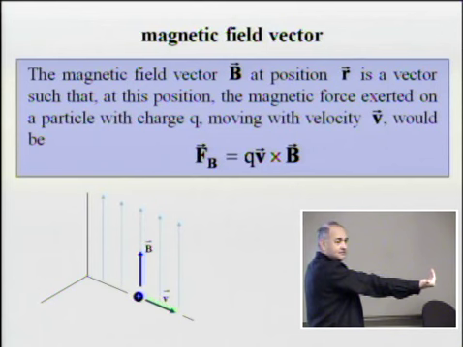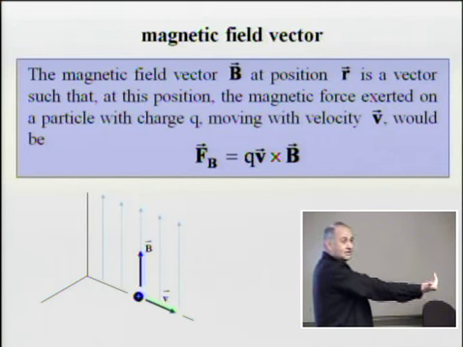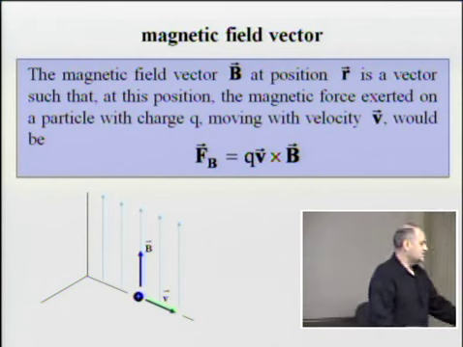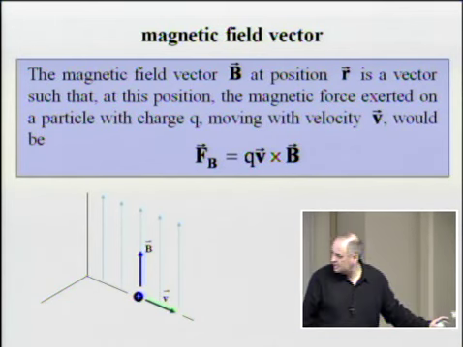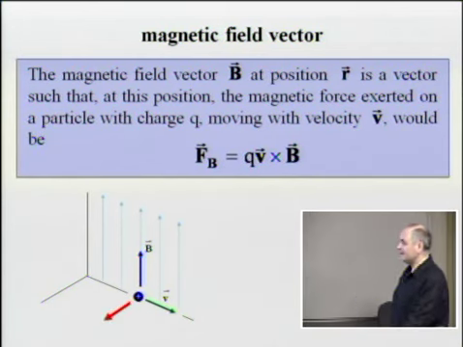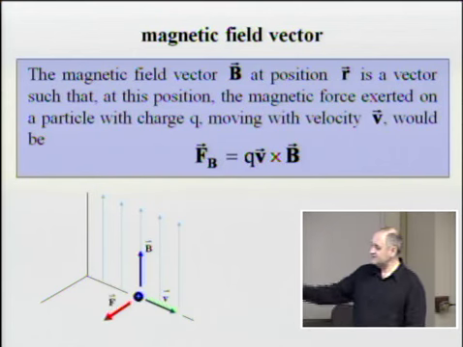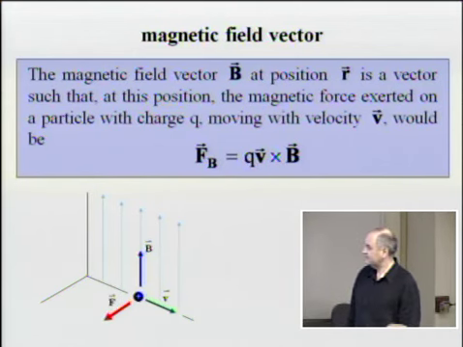Now the thumb indicates the direction perpendicular to both vectors. So, consistently with the right-hand rule, the magnetic force exerted on this particle is going to be toward us.